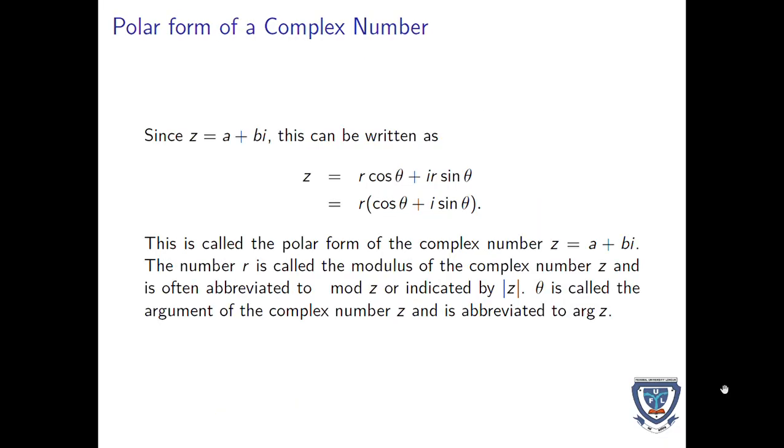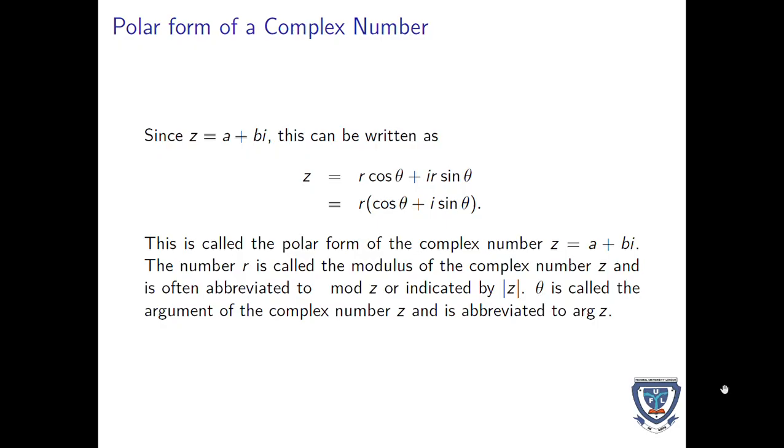Since z is equal to a plus bi, we can actually write a complex number into what is called a polar form. And how is this polar form written? It is written as z equal to r cos theta plus i r sine theta.